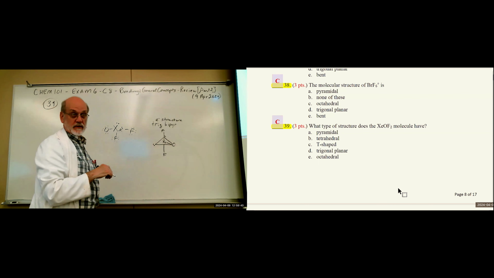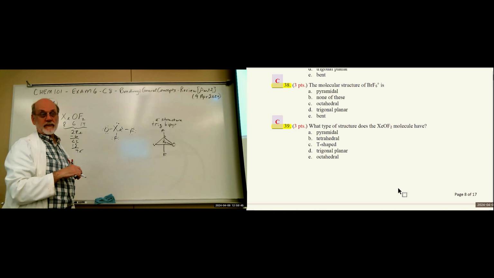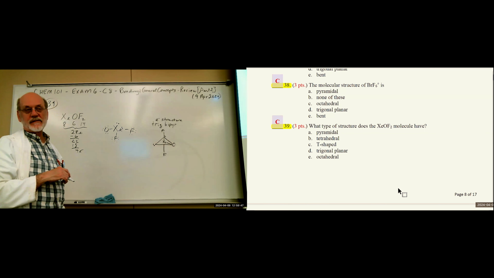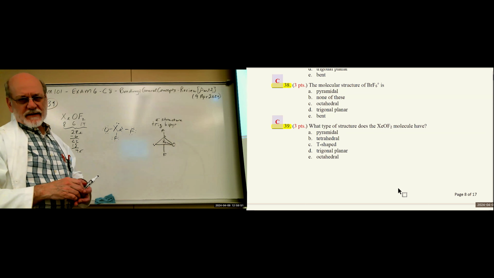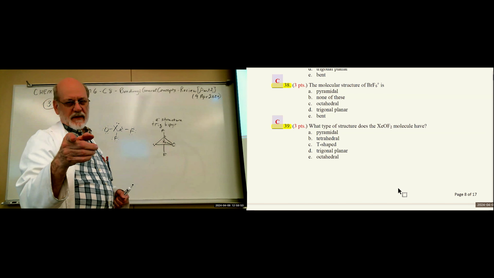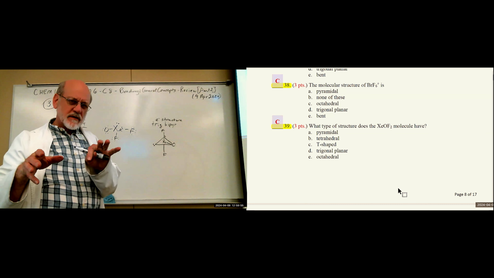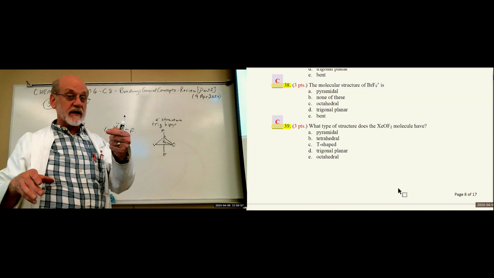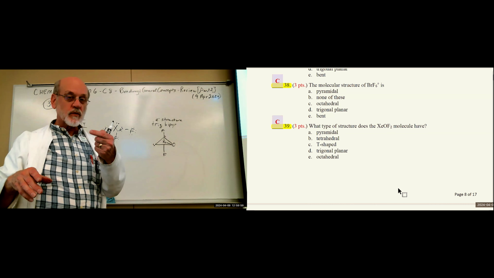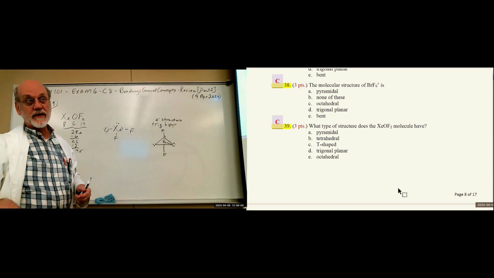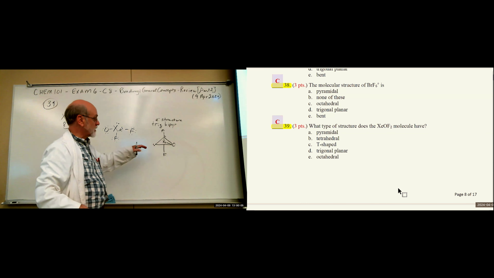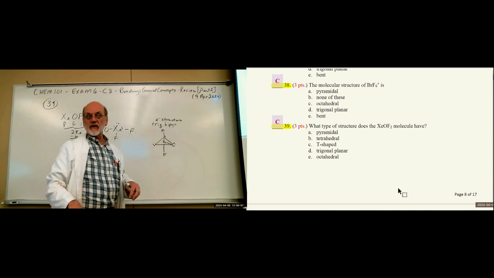That's a T-shaped molecule. Okay. The key here is 38 says molecular structure. 39 says what type of structure does the molecule have? Right, so we have to assume that it's actually talking about everything except the lone pairs.